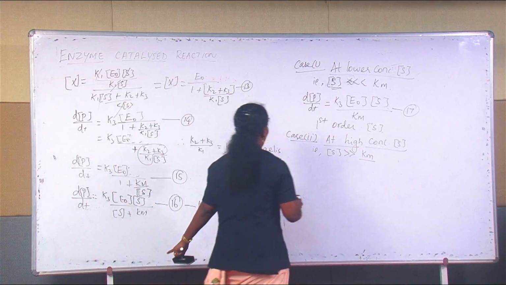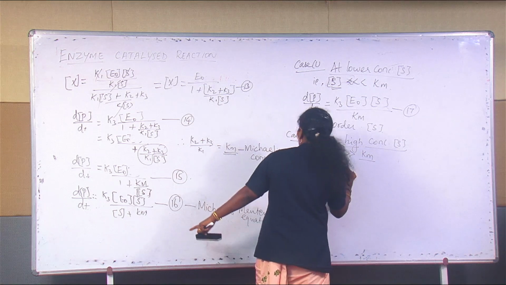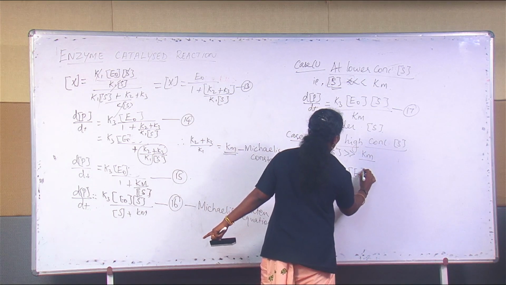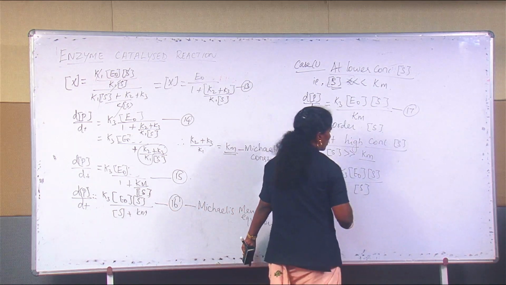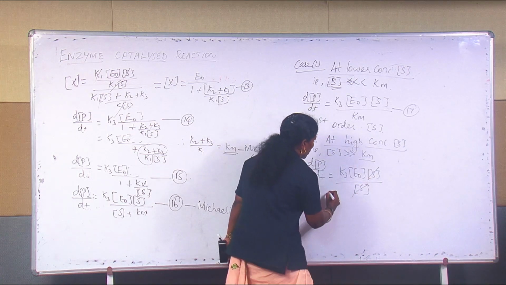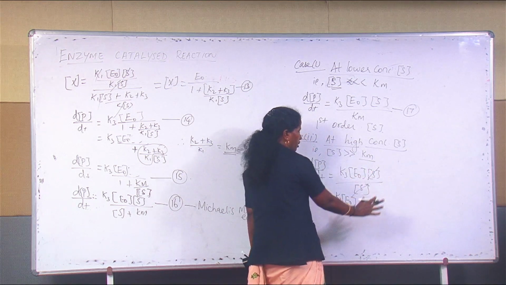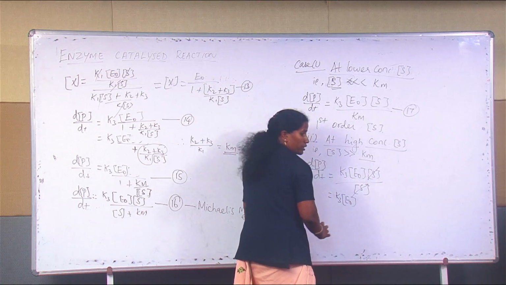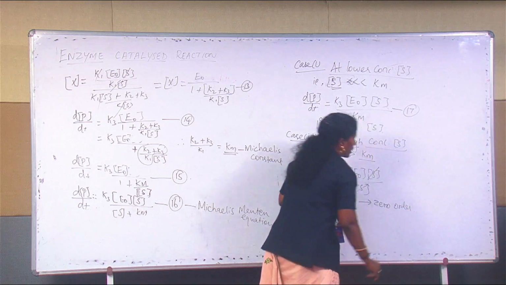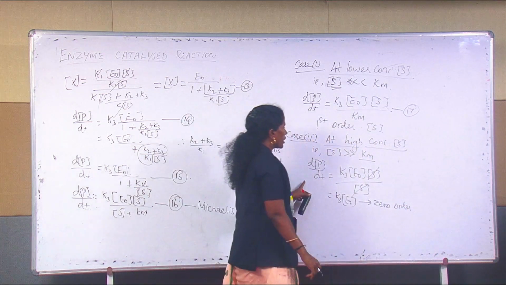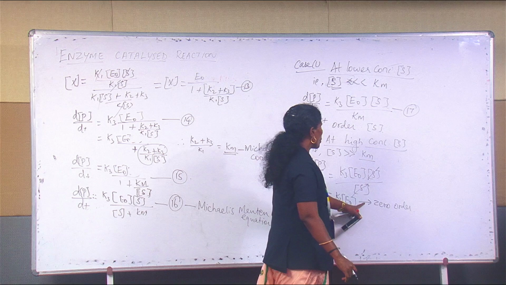So dP by dt equal to K3 E0 S divided by S, S gets cancelled. So the rate is K3 E0. The rate of the reaction does not depend on the substrate, only on the total enzyme. So this is a zero order reaction, because increasing the substrate concentration does not increase the rate.